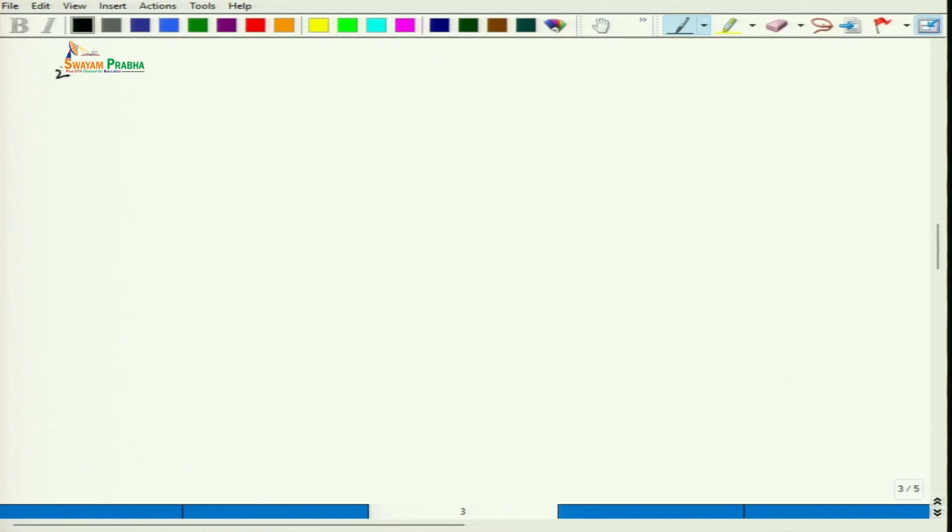The next important aspect is what we call tracking. So, the idea about tracking is that the output should follow the reference as closely as possible.